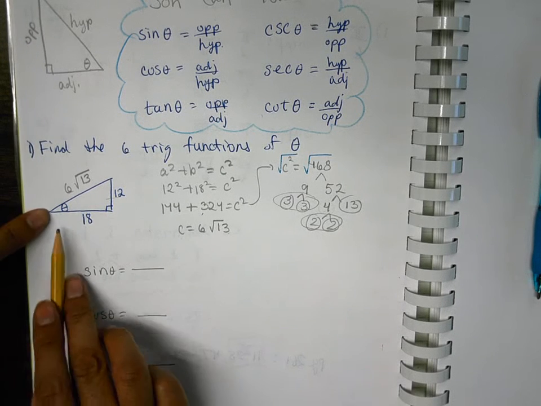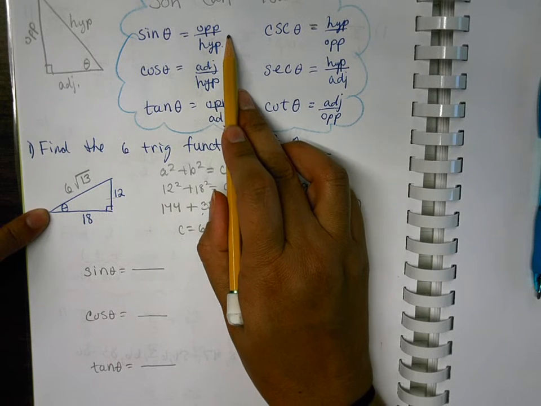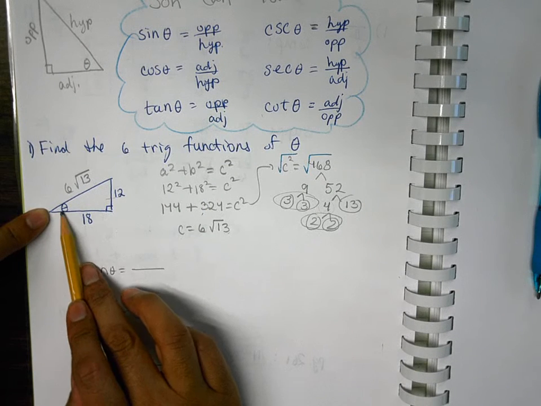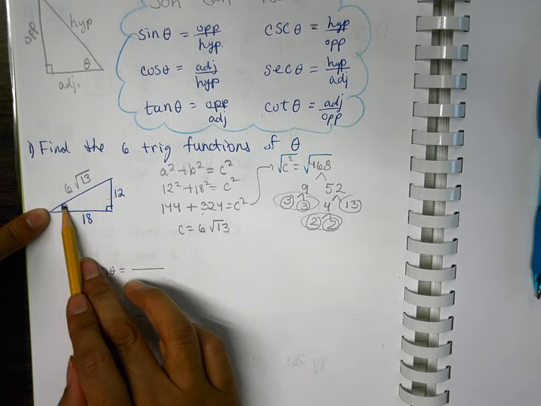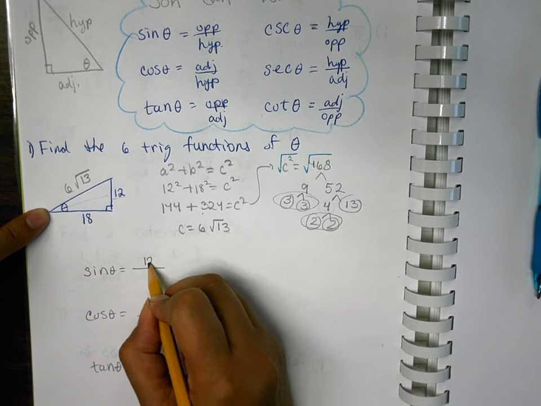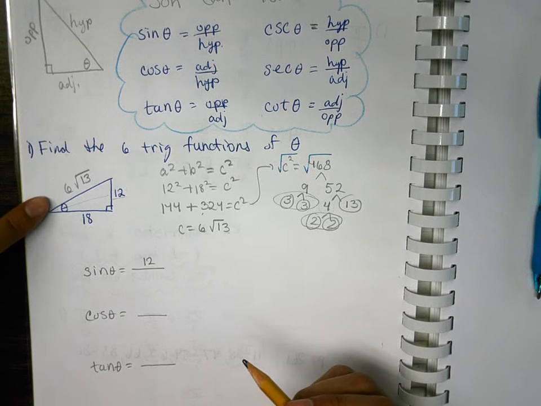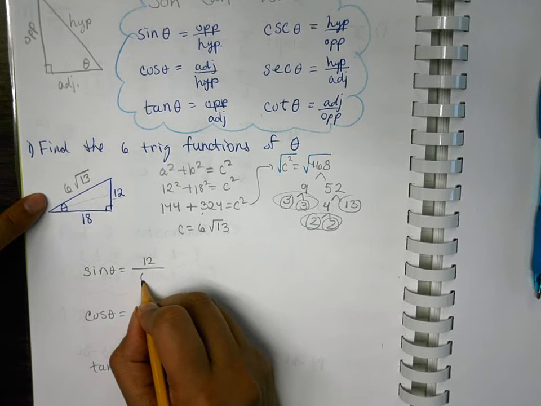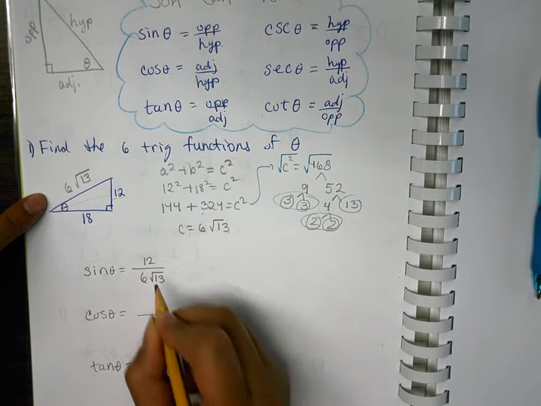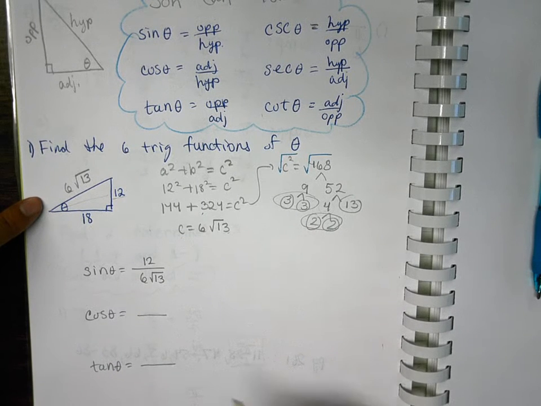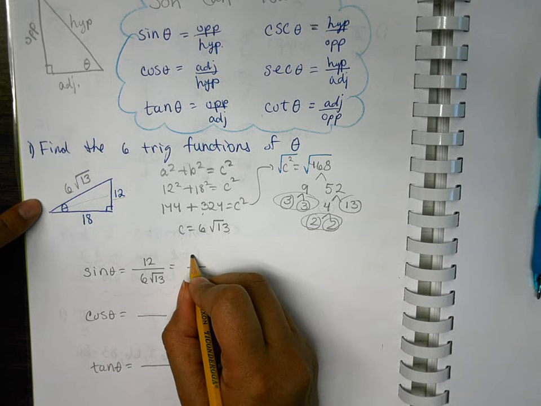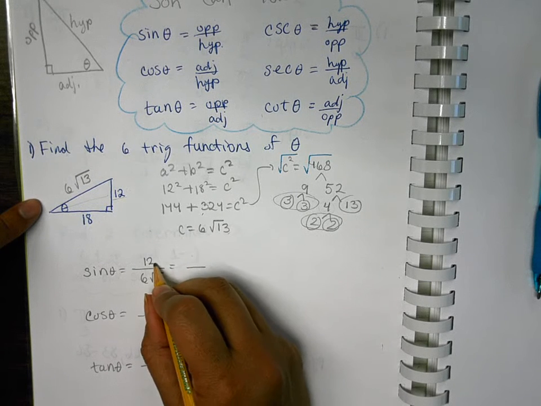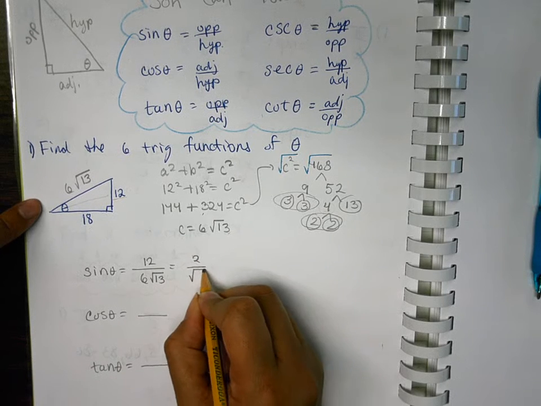If theta is in this corner and sine is opposite over hypotenuse, which side is opposite, the 12 or the 18? The 12 is opposite over which side is the hypotenuse? Okay, now can I reduce the 12 and the 6? 6 goes into both of them, so the numerator becomes what? The numerator 2, and the bottom just root 13?